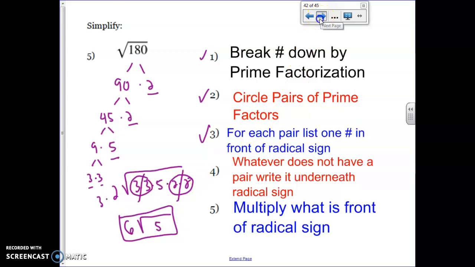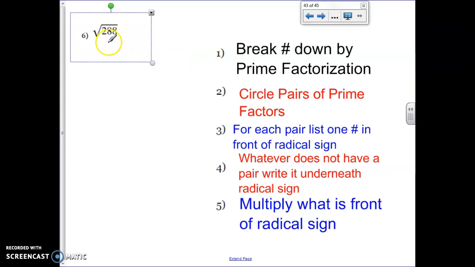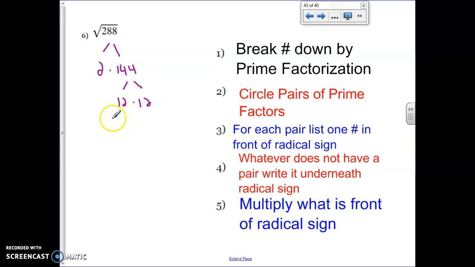Let me just go over one more with you guys, which is 288. Alright, so let's look at 288. That's 2 times 144. 144 breaks down to be 12 times 12, which are not prime. So I got 2 times 6, 2 times 6. And then the 6 breaks down to be 3 times 2, 3 times 2.